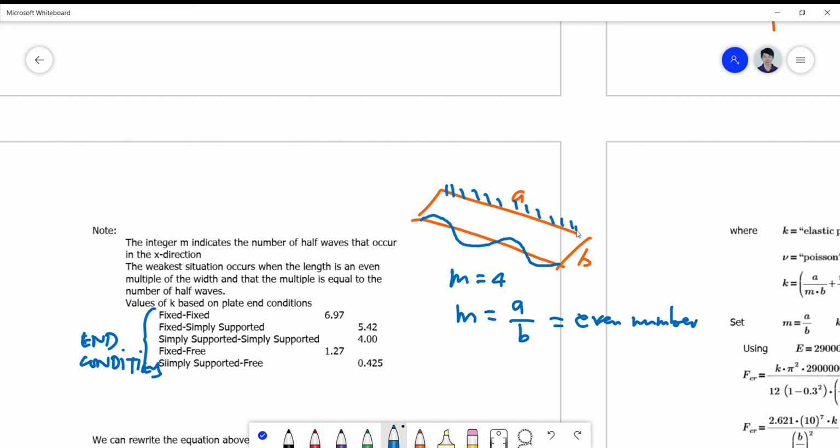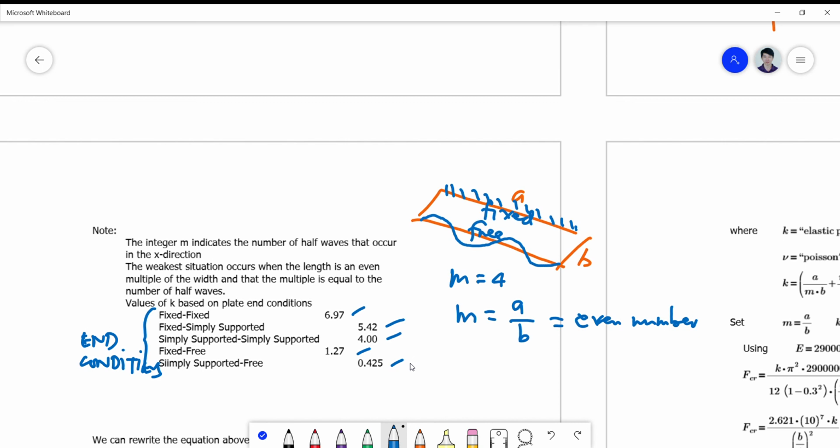So if this is fixed and this is free, then your buckling looks like this. So for the fixed we have this, the fixed simply supported we have this, the simply supported we have this, the fixed free we have this, and for the simply supported free we have this.